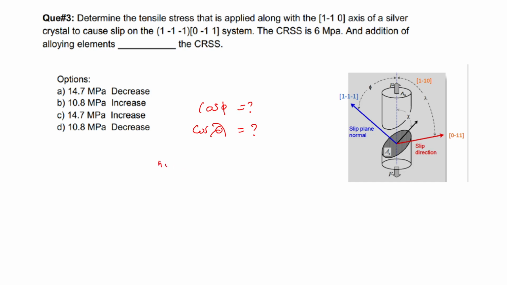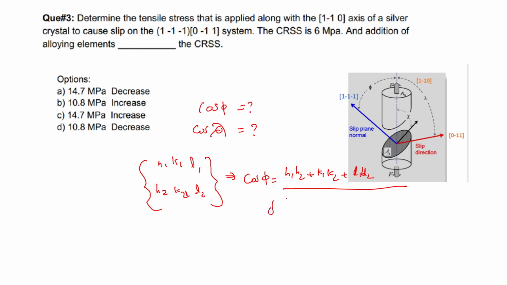How to find it? If you have H1 K1 L1 and H2 K2 L2, there is one formula for the cosine of the angle. Cos phi is equal to H1 H2 plus K1 K2 plus L1 L2, divided by the root of H1 square plus K1 square plus L1 square, times the root of H2 square plus K2 square plus L2 square.